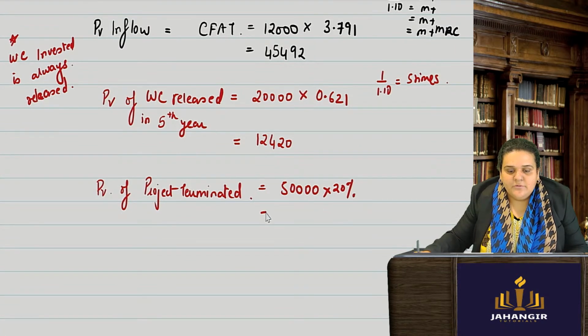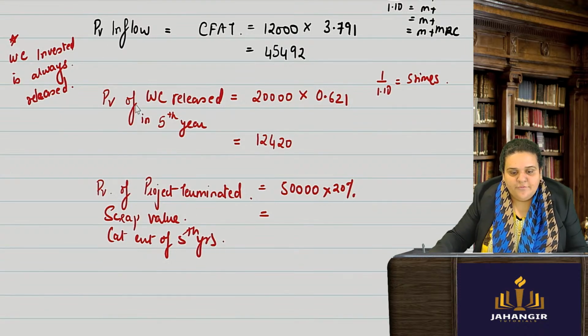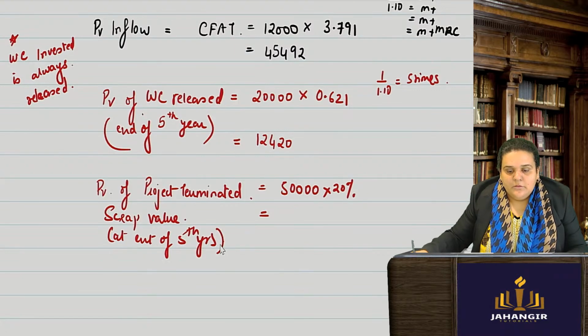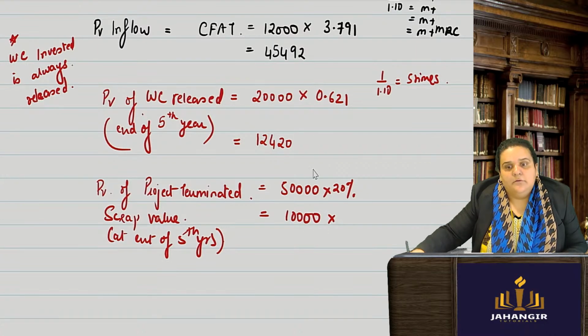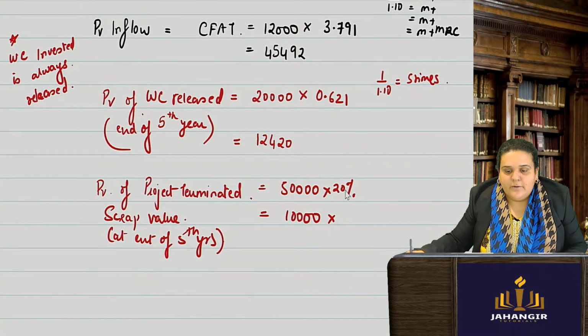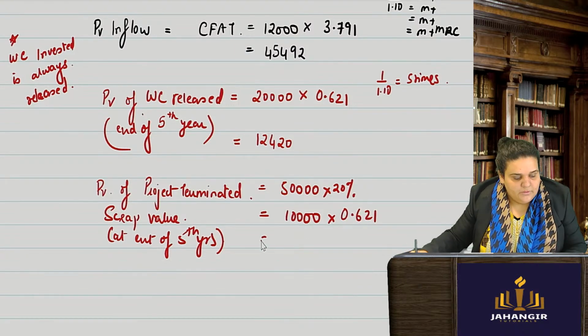Only 20% I'm going to sell at the scrap value, you can say. Again, that will be at the end of the project, at end of 5th year. So 50,000 into 20% is 10,000. PV factor I just did 5 times, 1 divided by 1.10, so that will come to 0.621. So this will be 6,210.